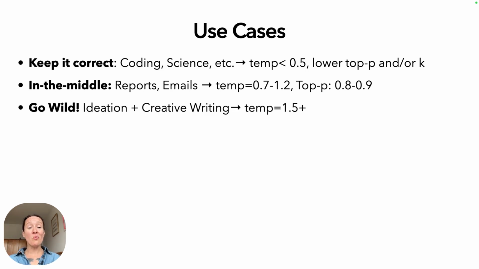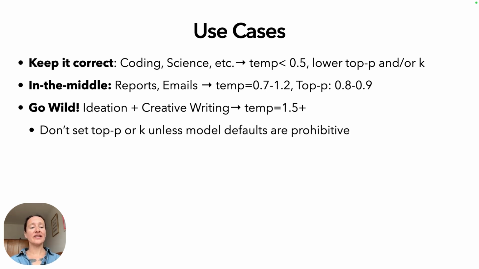Or you just go wild. So you might want to do creative writing. You might want to do wild ideation. You might just be doing security research, tinkering with stuff. Then I would say bump it up just to see. And let me know how it goes. And for this, if you're really going wild, don't set top P or K, unless the model has a really restrictive one there.